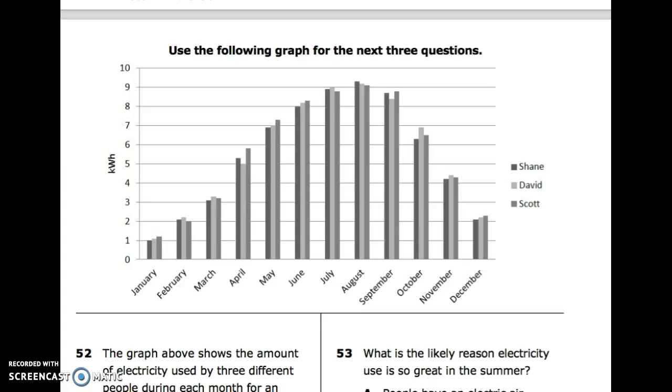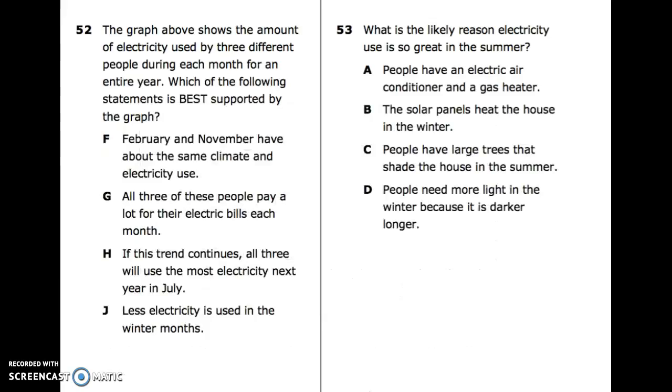Use the following graph for the next 3 questions. Shane, David, Scott. January, February, March, April, May, June, July, August, September, October, November, December. 52. The graph above shows the amount of electricity used by 3 different people during each month for an entire year.